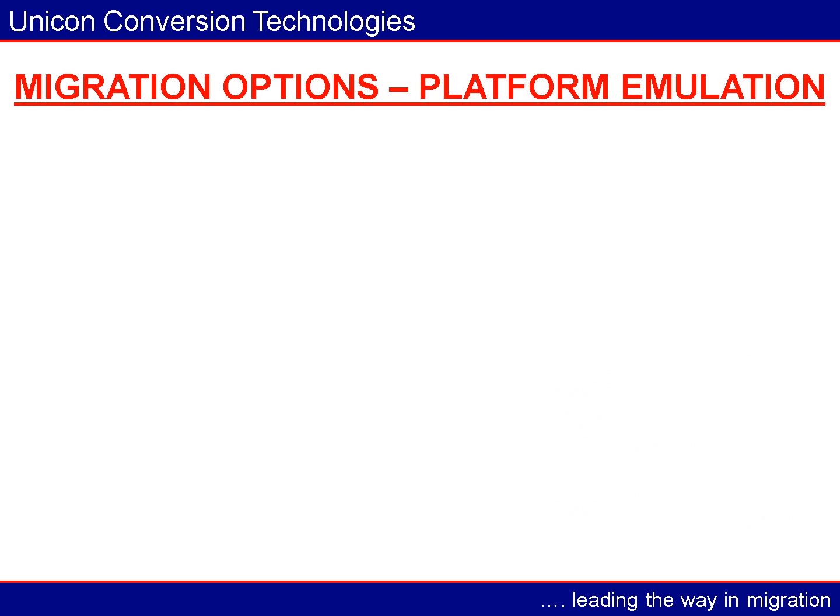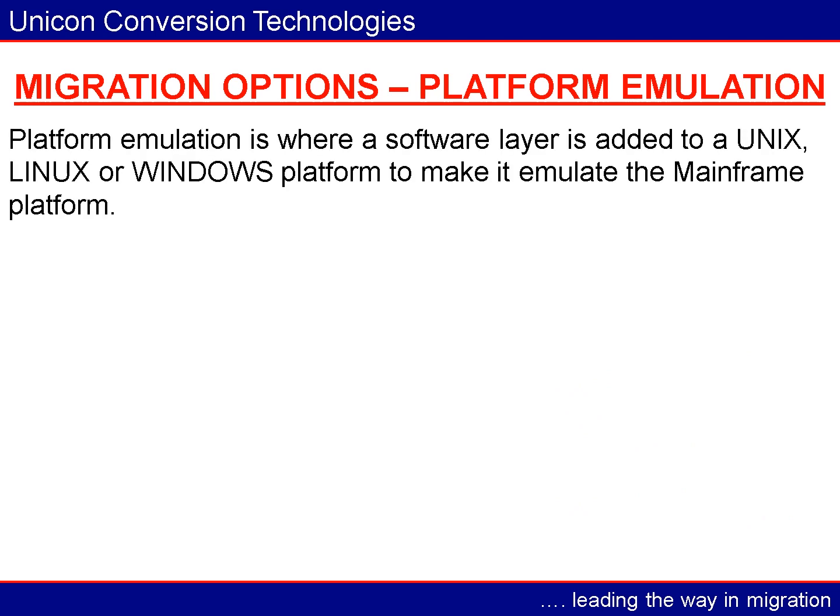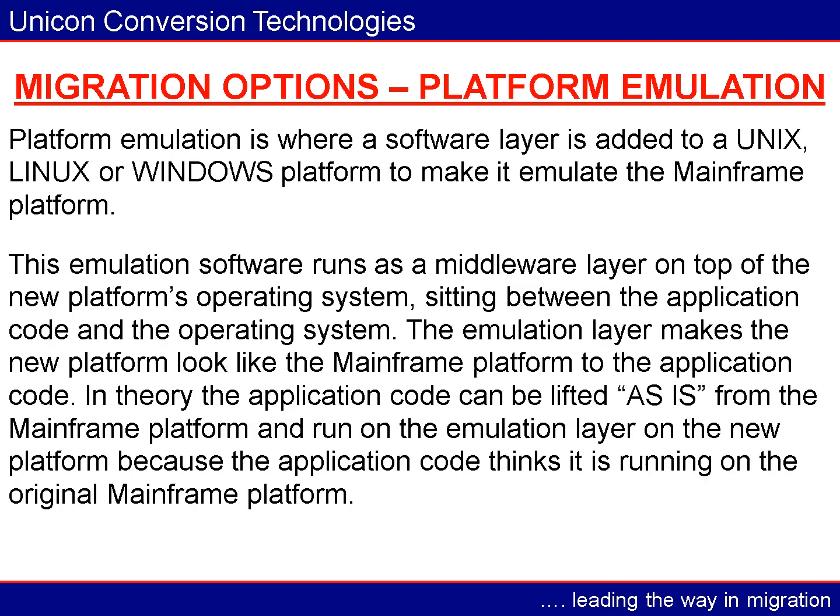Platform emulation. Platform emulation is where a software layer is added to a Unix, Linux, or Windows platform to make it emulate the mainframe platform. This emulation software runs as a middleware layer on top of the new platform's operating system, sitting in between the application code and the operating system.